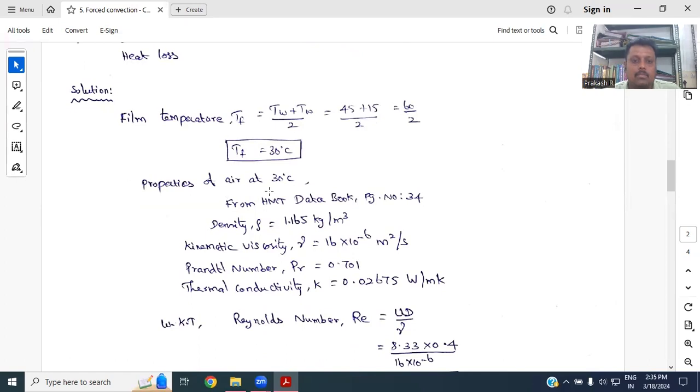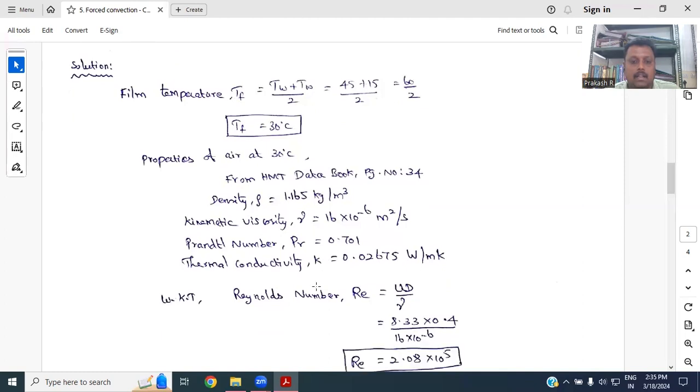So from the properties of air at 30 degrees Celsius from the HMT data book, we need to note down all these data: the density rho, kinematic viscosity gamma, Prandtl number Pr, thermal conductivity k. From that, we need to find whether it is laminar flow or turbulent flow. So by finding the Reynolds number value, Re is equal to UD by gamma, because it is a cylinder problem.